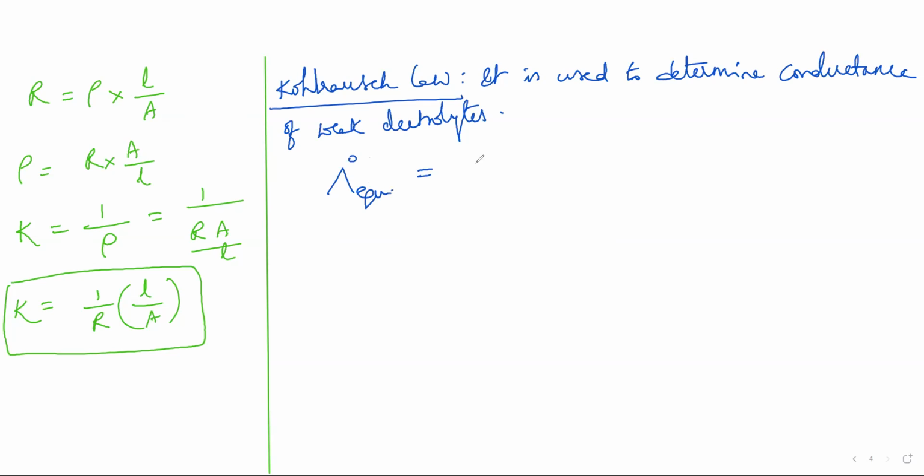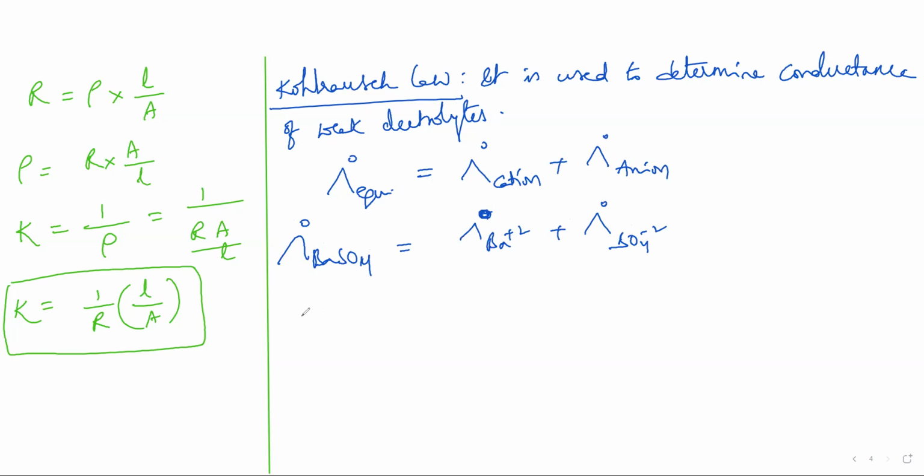It is given by equivalent conductance of cation plus equivalent conductance of anion. That means ionic mobility of cation plus ionic mobility of anion. Let us suppose equivalent conductance of barium sulfate at infinite dilution is given by lambda naught of cation plus lambda naught of anion.